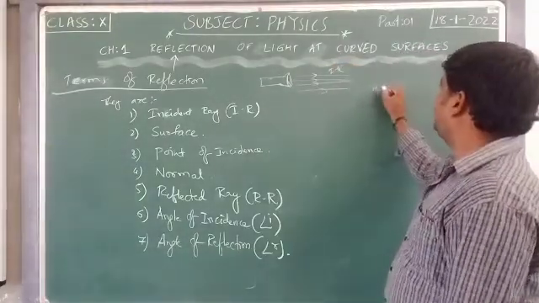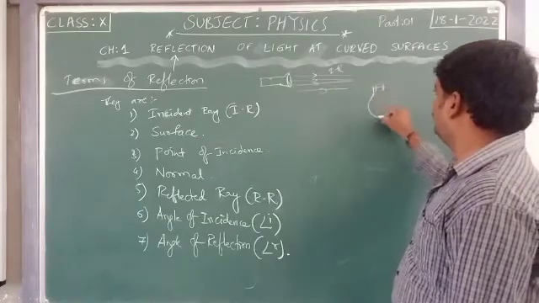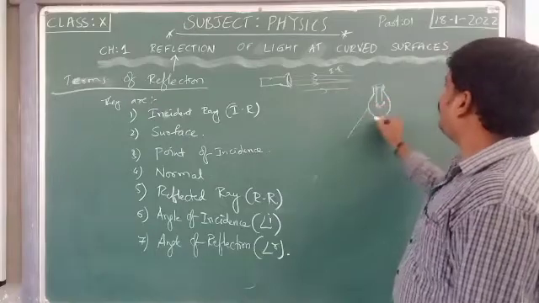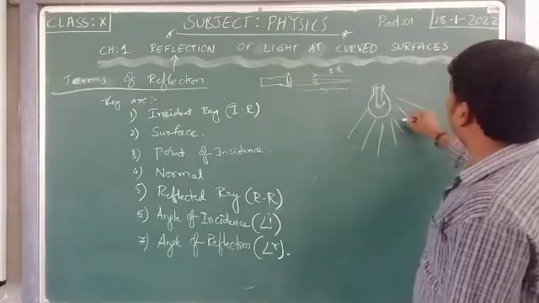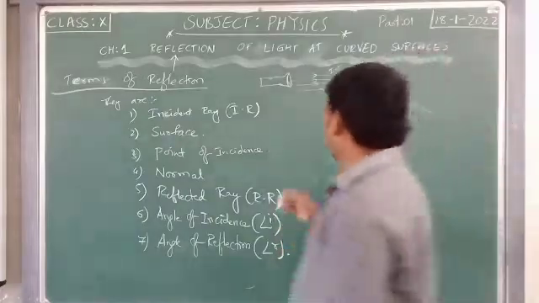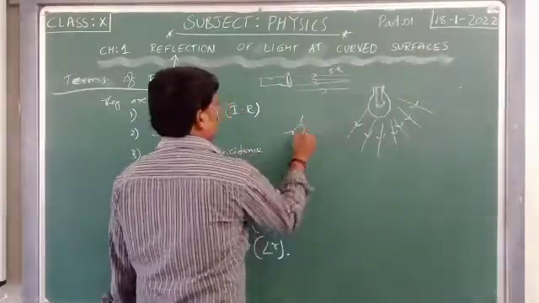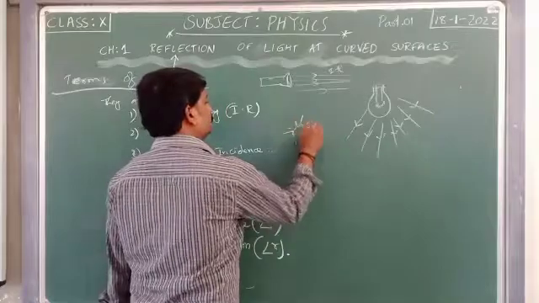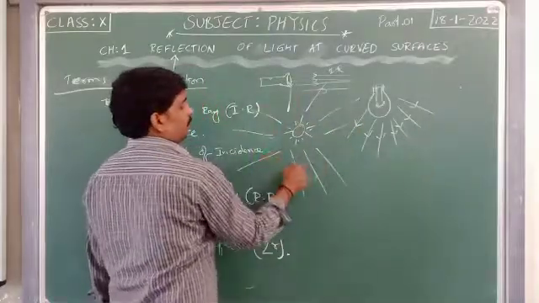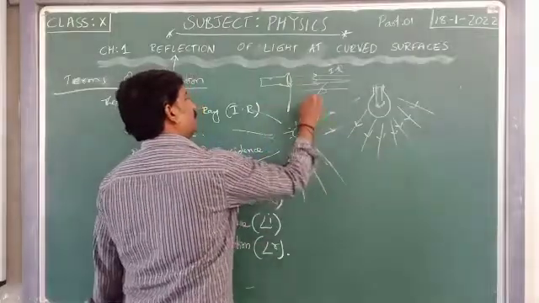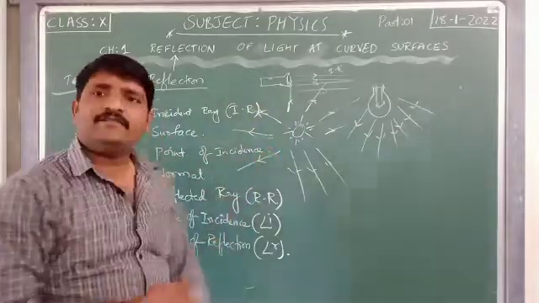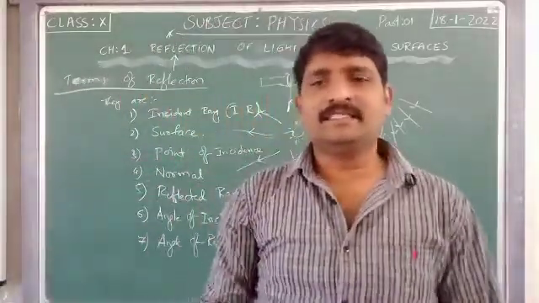Otherwise, I have a bulb, for example. All the rays which are emitted from the bulb are called incident rays. Or if you take the sun, all the rays which are emitted from the sun are considered as incident rays.